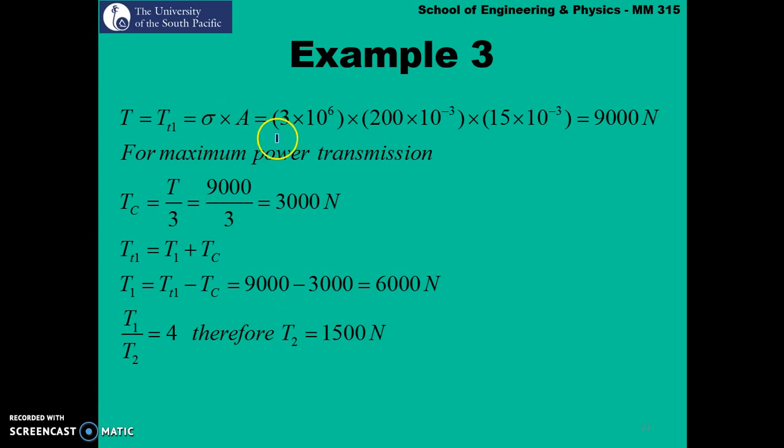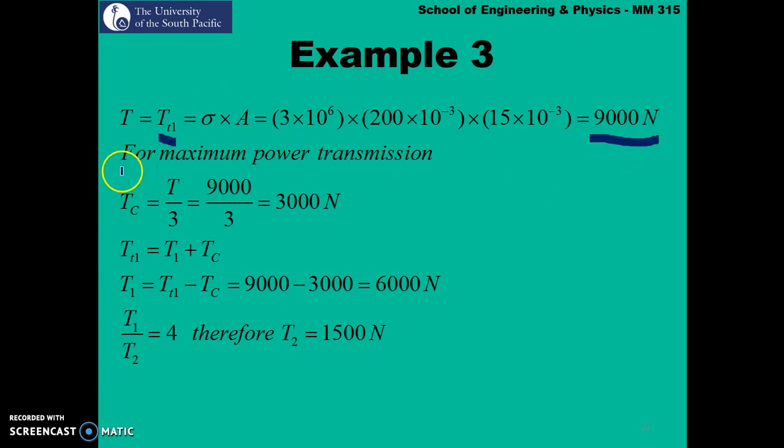Sigma, the allowable stress, was given as 3 megapascal. The cross section of the belt, it's a flat belt, so the width and the thickness were given to you. Width was 200 mm, thickness was 15 mm. So once you find the value, you end up with 9000 newtons. So your maximum tension, which is simply equal to the total tension on the tight side, is equal to 9000 newtons.